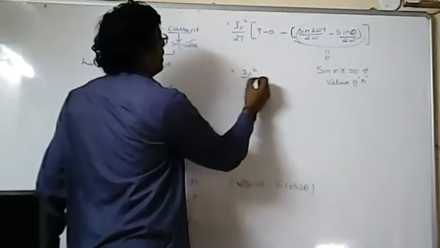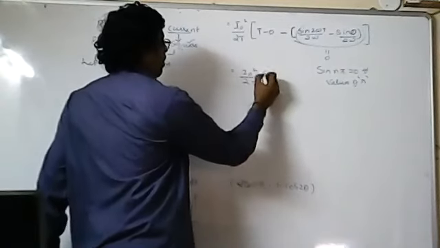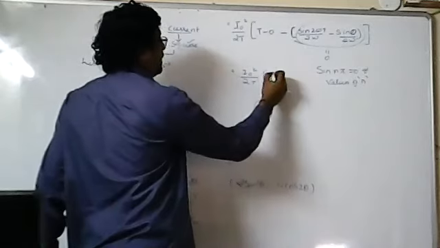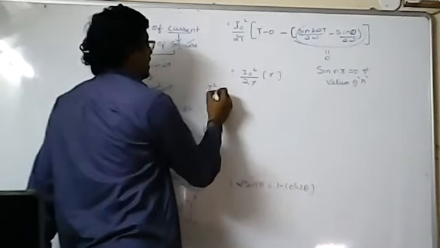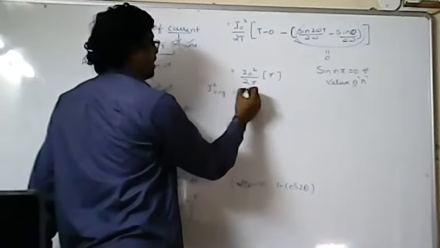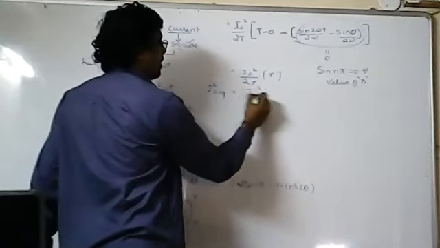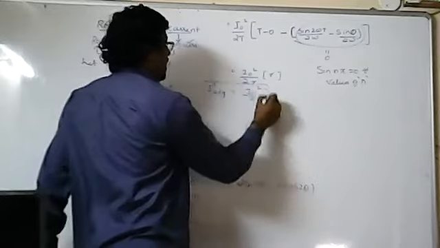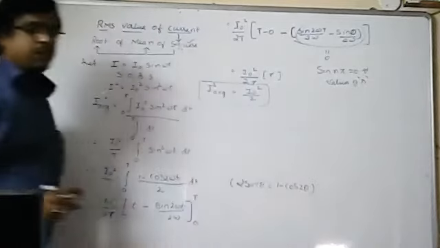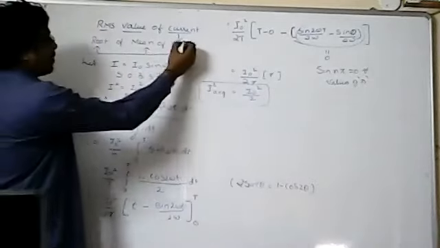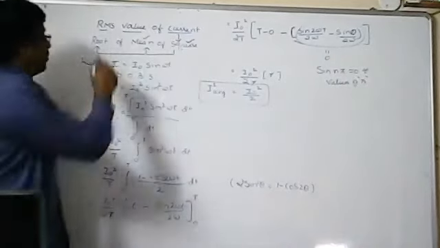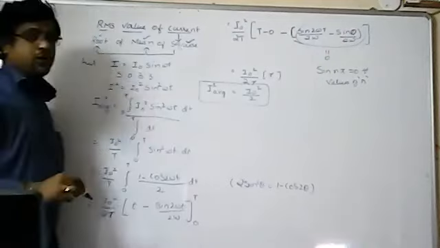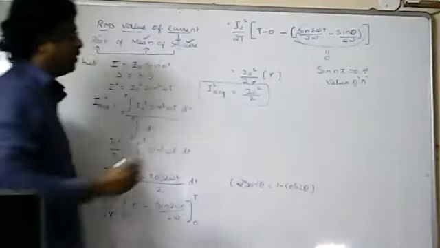I naught square by 2T into T, and T and T will get cancelled. So I square average is I naught square by 2. So I have done the squaring and I have taken the mean. Now what I have to do is apply the root to get the RMS value.